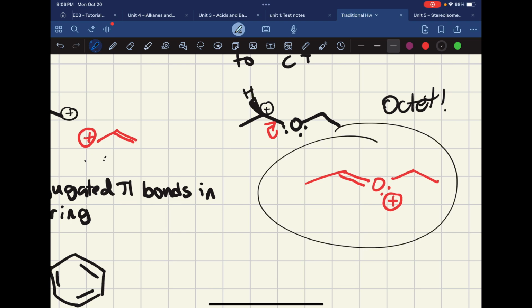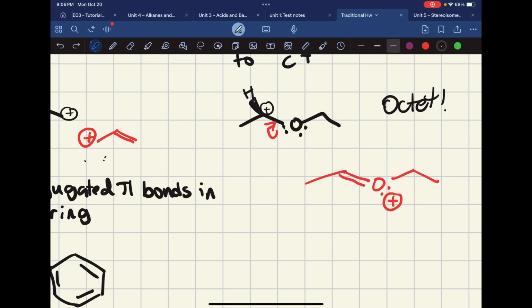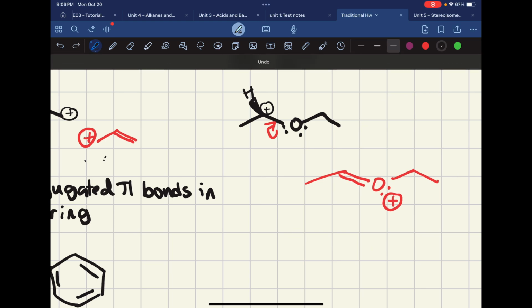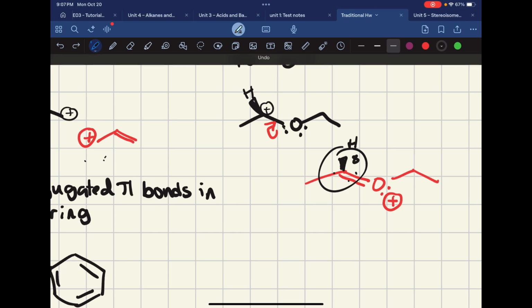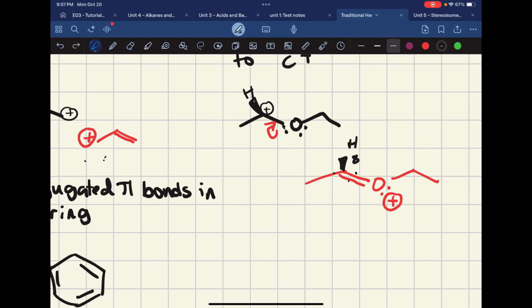Over here, we actually have a complete octet. This carbon has a complete octet. It has 2, 4, 6 plus a little hydrogen, right? So that's 8 electrons. It's fulfilled, it's 4 bonds. So this carbon now has a complete octet. This oxygen, even though it has a positive formal charge, which is not ideal, still has a full octet. So this would be our major contributor.